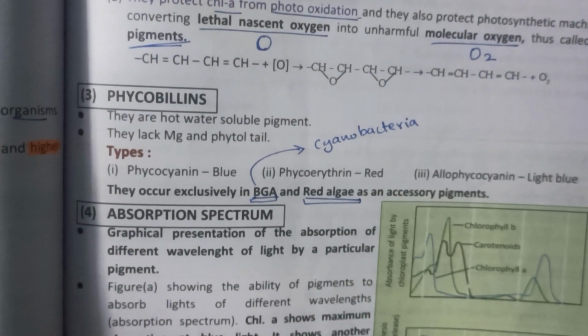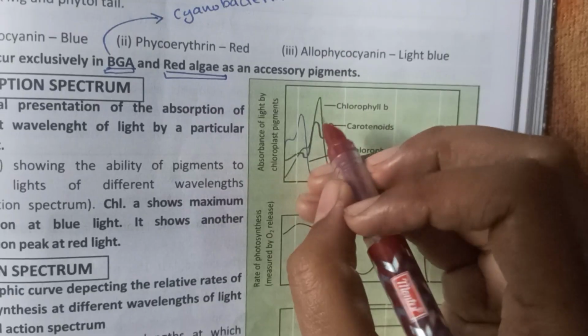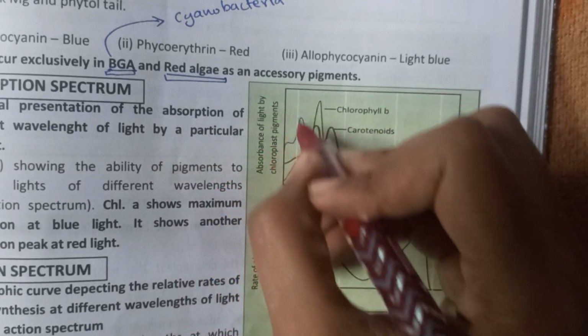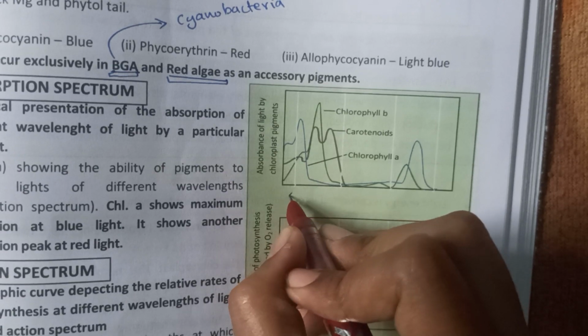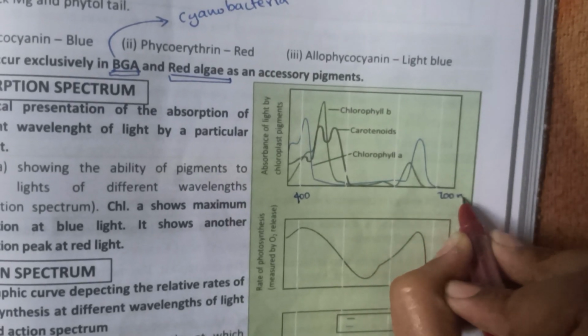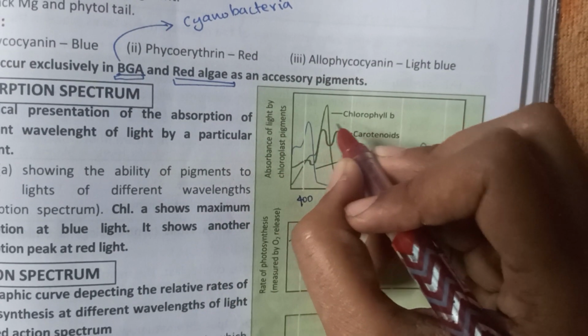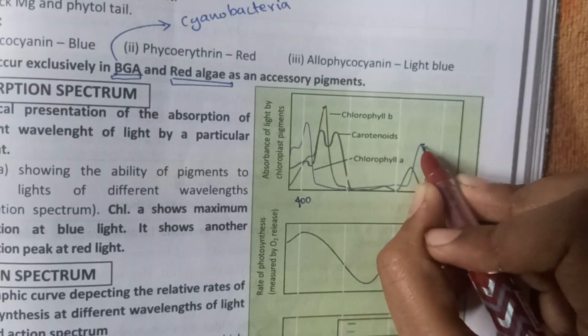So, the absorption spectrum. If we see the graph, this is the absorption of light, how much light is absorbed, and these are the various wavelengths from 400 to 700 nanometers. Photosynthesis is highly seen at this place and somewhat here.